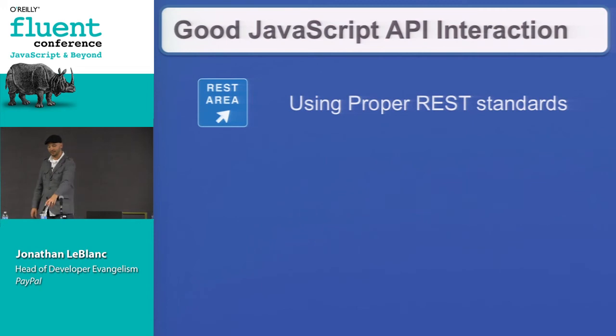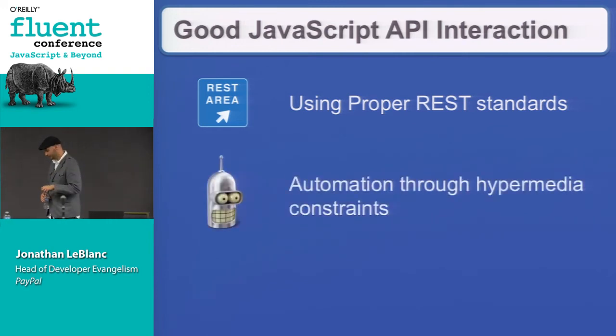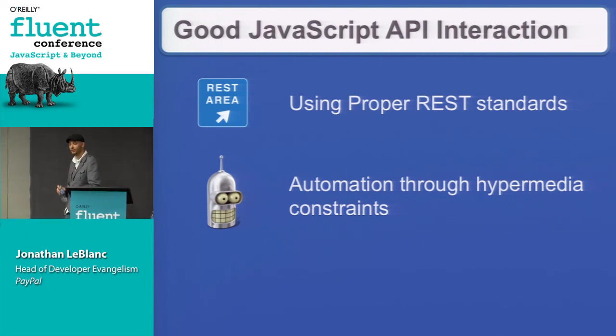Using proper REST standards actually helps you with both future-proofing and automating your application structure. It's a really nice way of building lasting applications that you don't have to touch very much. And those hypermedia constraints, especially HATEOAS within REST standards, are the way to build in automation infrastructure.